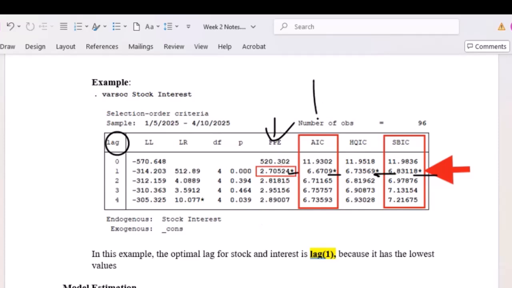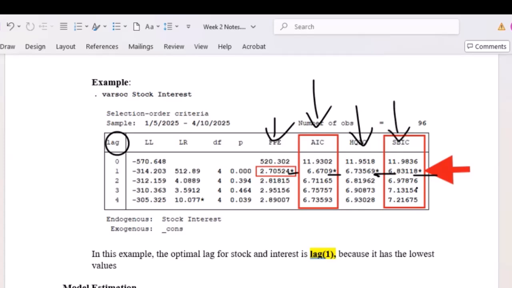If we consider this other one, this one with the star is the lowest, 6.67. It is lower than 6.7. If we go to this other criteria, you'll see that 6.7 is the lowest. It is lower than 6.8, 6.9. The same case applies to that.